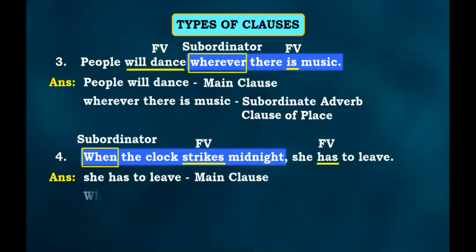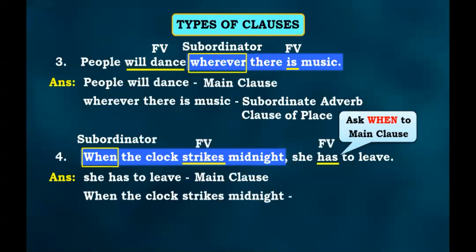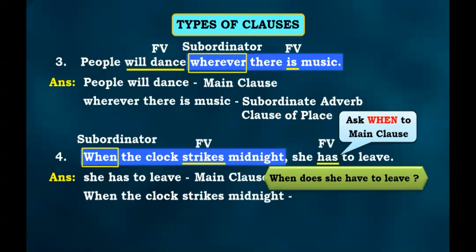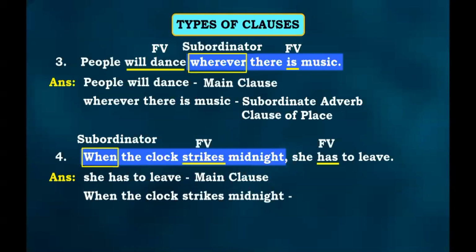When does she have to leave? कभी निकलना पड़ेगा जब भी clock strikes midnight. जब भी 12 बज जाएगा तभी. So it is subordinate adverb clause of time. When shows you time. Very clear with this?